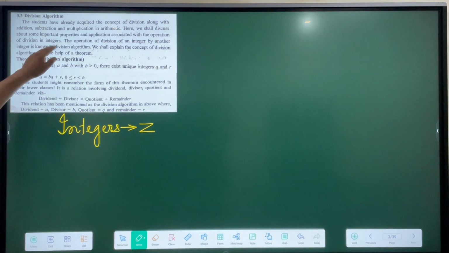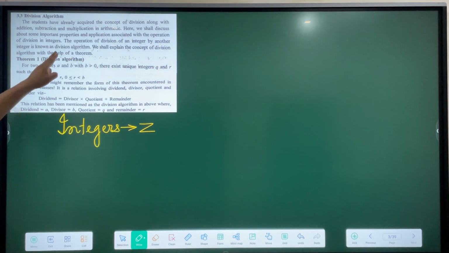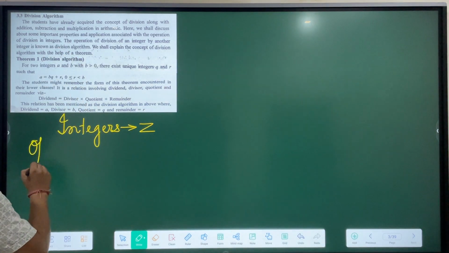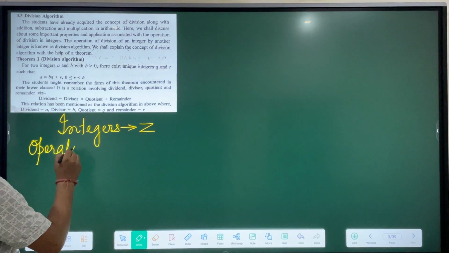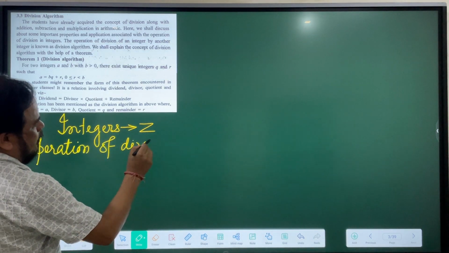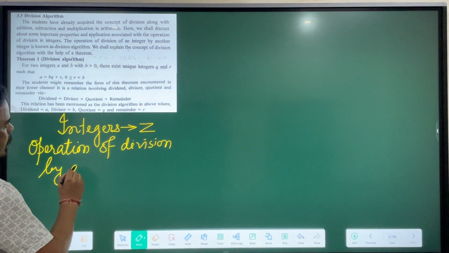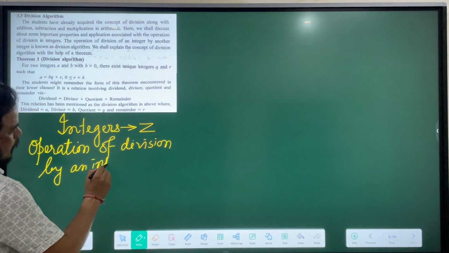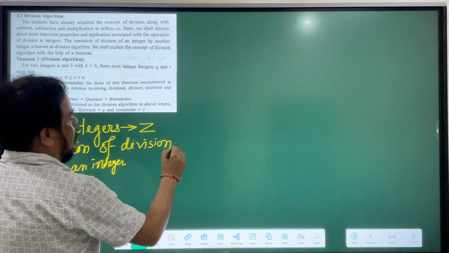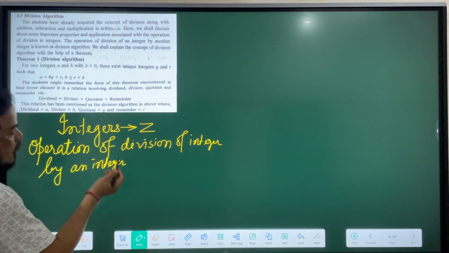The division in integers: the operation of division of an integer by another integer is known as the division algorithm. The operation of division, division of an integer by an integer.